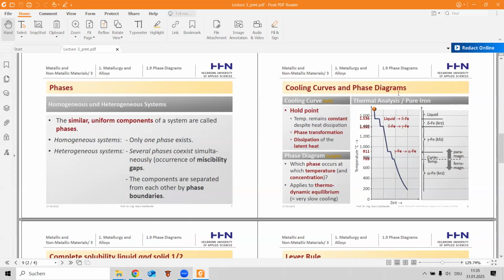Cooling curves and phase diagrams. On the left, we have a cooling curve. There is a hold point: the temperature remains constant despite heat dissipation. There is a phase transformation, with dissipation of the latent heat.